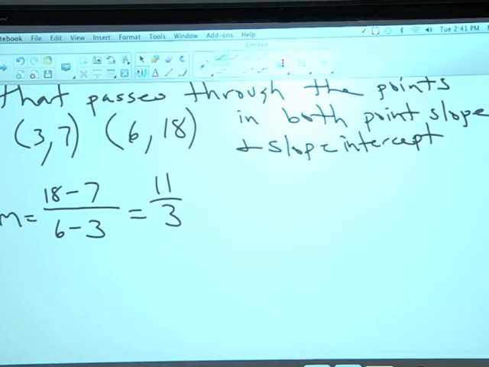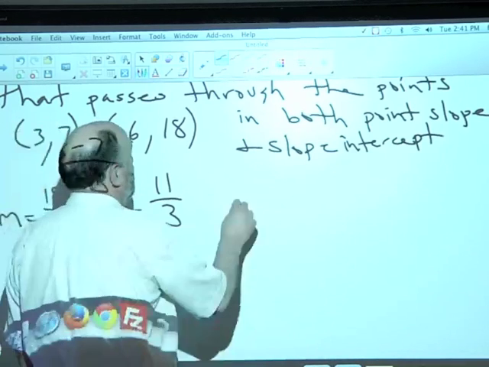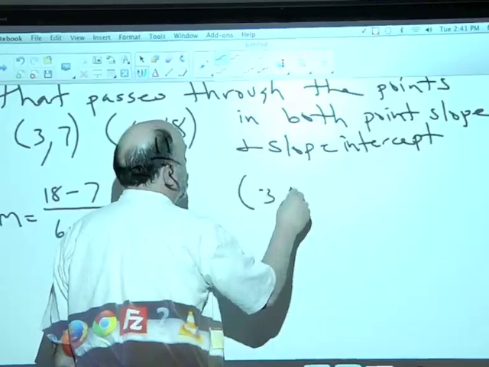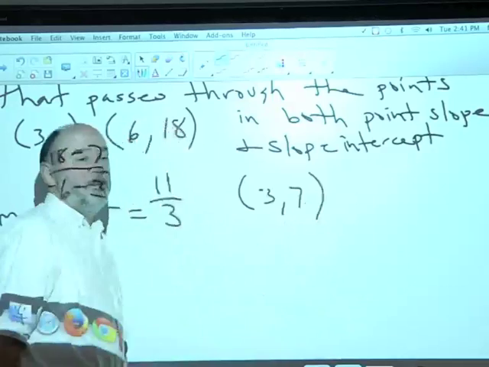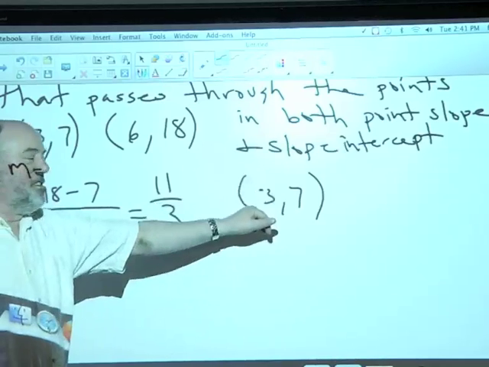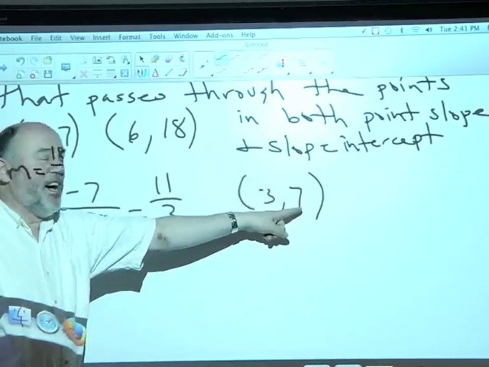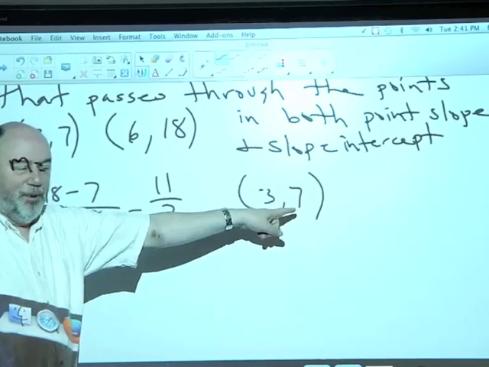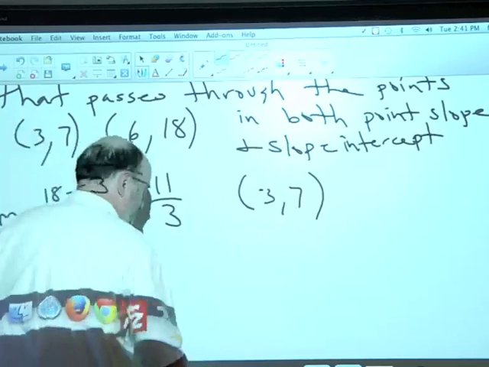You can pick either one. It doesn't matter which one you pick. Both points are on the line. Okay? So let's take the first point, which was 3, 7. This is the x1, that is the y1. Take the numbers.